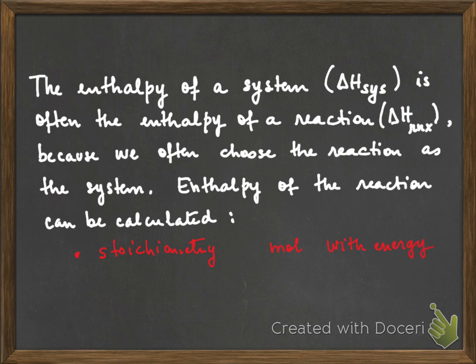We are going to also use Hess's law. So it's another way of calculating enthalpy of the reaction. And the last way to do that is to use the standard enthalpies of formation.